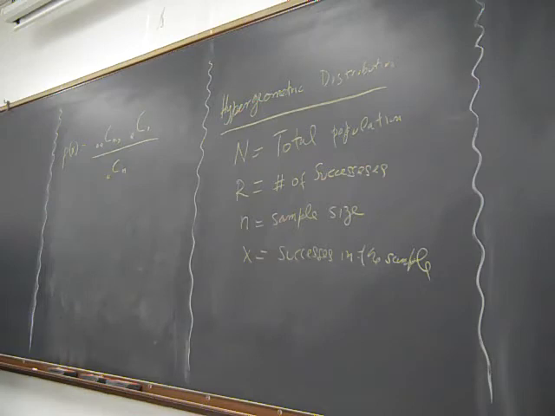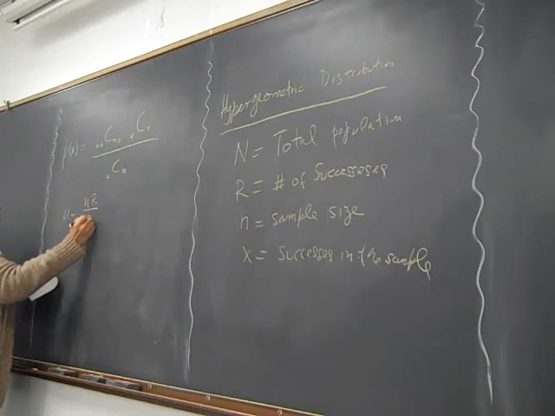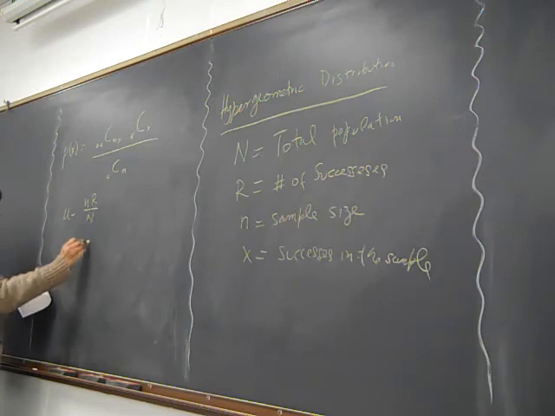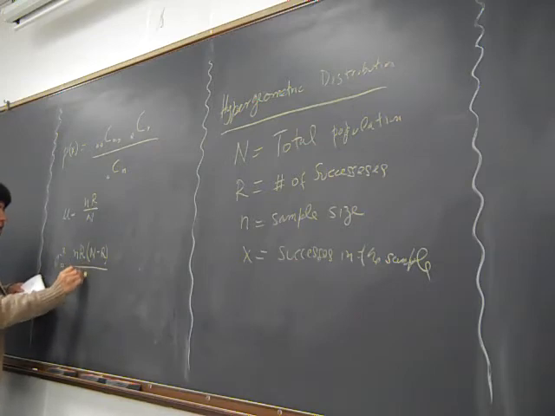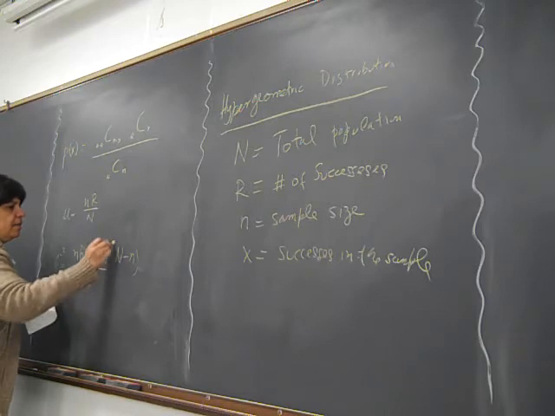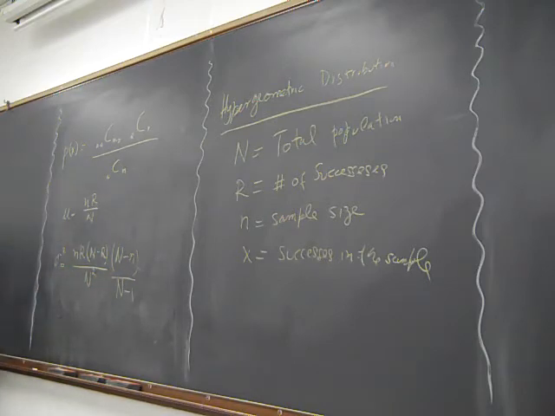As you can see, these are combinations. Mu is equal to NR divided by capital N, and sigma squared is equal to NR times (capital N minus R) times (capital N minus N), divided by capital N squared times (capital N minus 1).